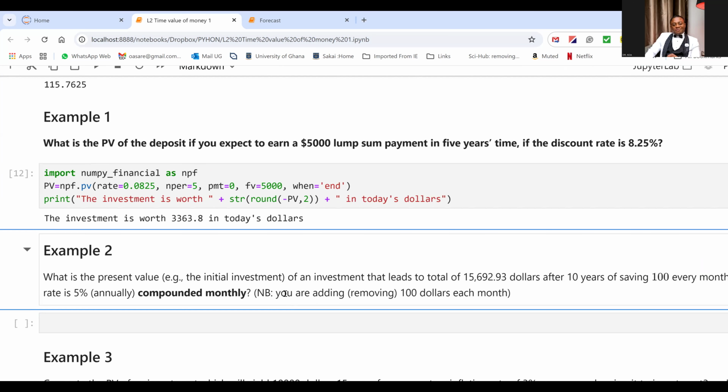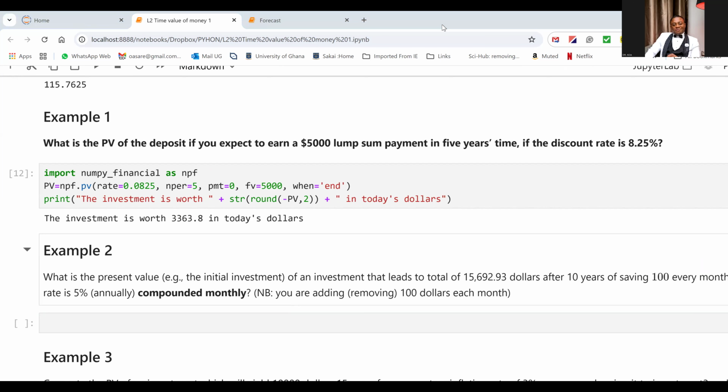So you are adding $100 each month. Let me see how you are able to understand this compounded monthly instead of all the ones you have been doing when the compounding was not monthly. Let me see the smart ones among them. First person was Samuel. Guys, I'm getting some strange answers all of a sudden with this one.